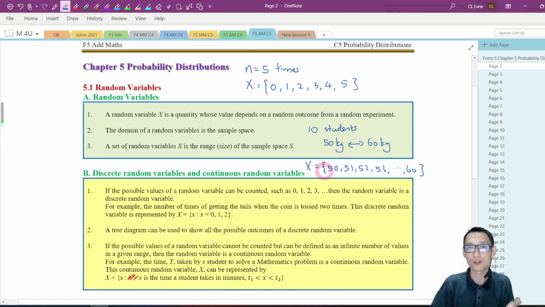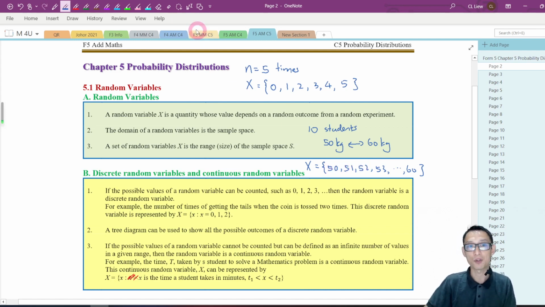It is possible to get 50.5 kilogram. It's possible to get 51.2 kilogram, even 51.25 kilogram. It just goes continuously. If I write like this, it means that is it not possible to get 50.5? It's only possible to get 50, 51, 52, 53, and so on, which is not correct.